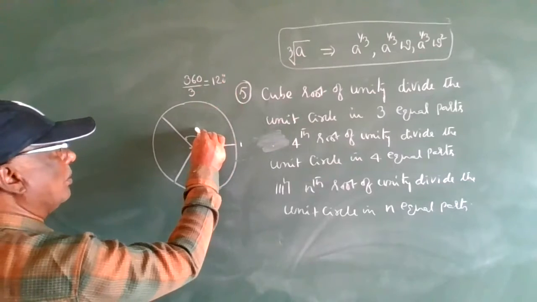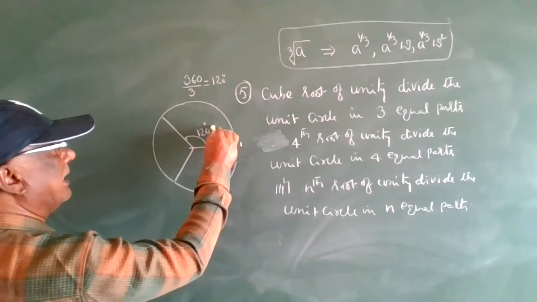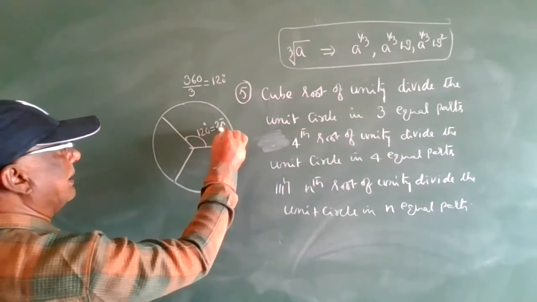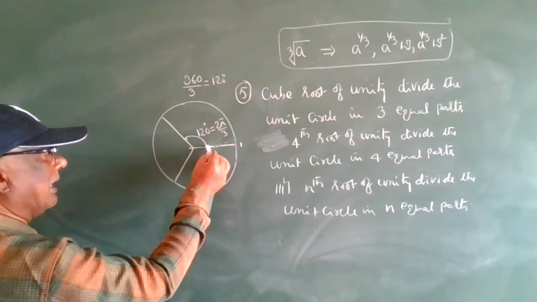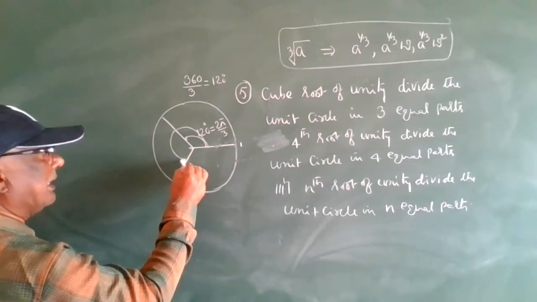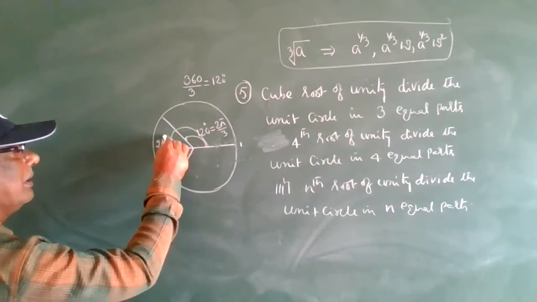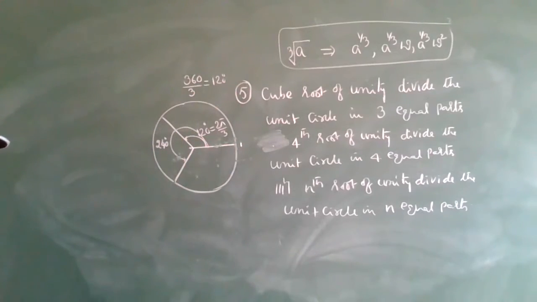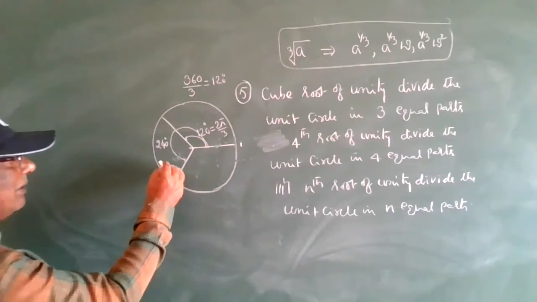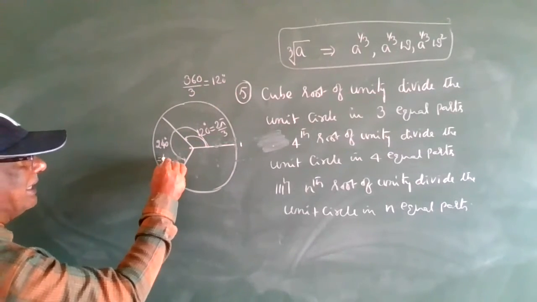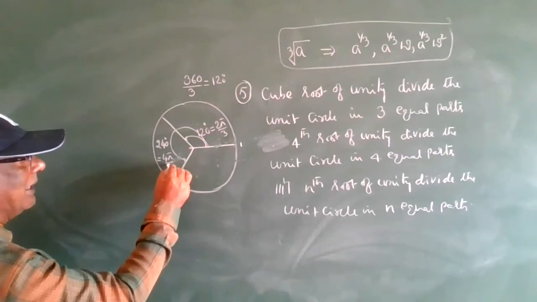Its radian is 2 pi by 3. From here to this, the angle is 240 degrees. The difference is 120 degrees, and its radian is 4 pi by 3.